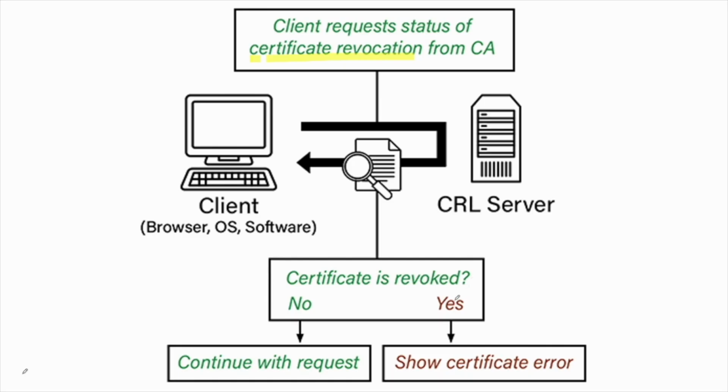However, there are two important points to note. First, root CA certificates normally do not use CRLs. Second, according to the RFC standards, clients are not always required to check the CRL. Whether the CRL is checked or not depends on the client configuration.